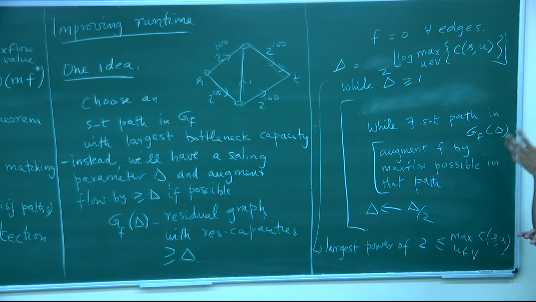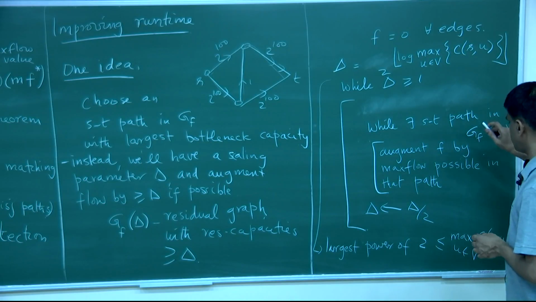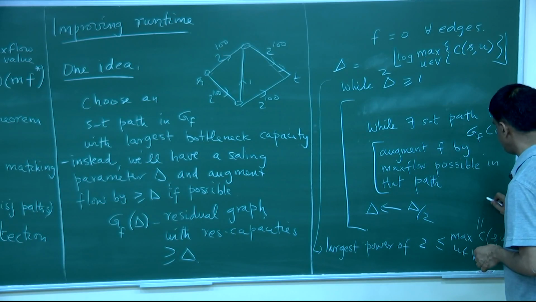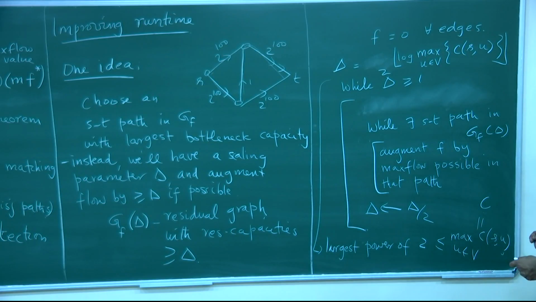You could pick, in fact, even delta equal to the sum of all the capacities. Even that's also fine. But what I want to argue is that if I call this number some C, then you have to do at most log C many iterations in the bigger while loop, because quickly your delta will become 1.